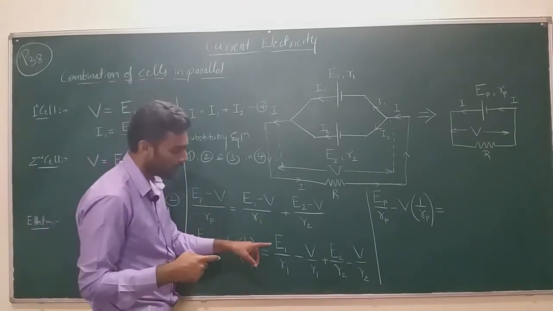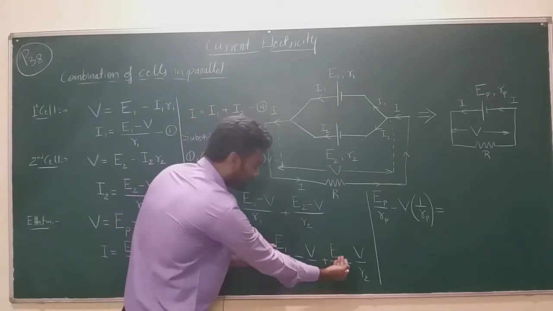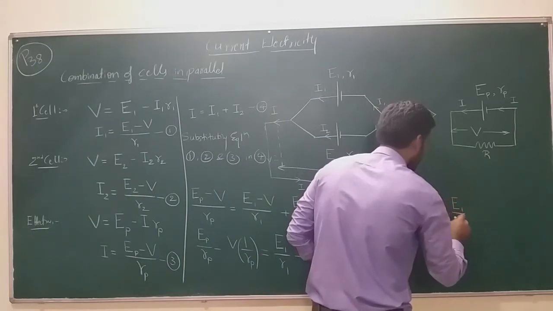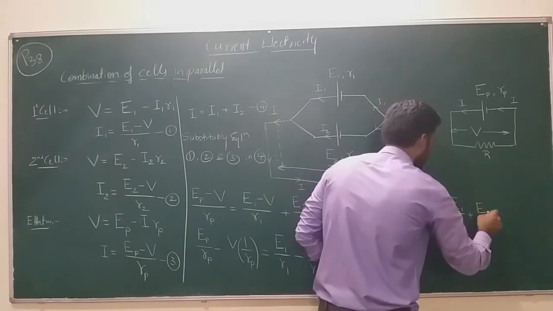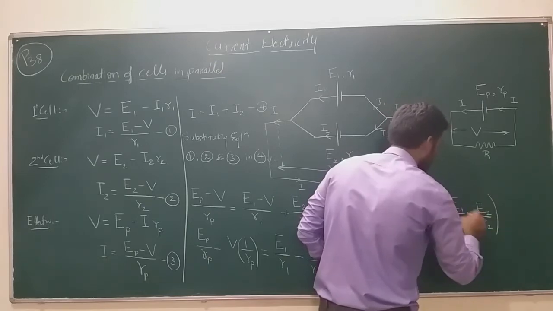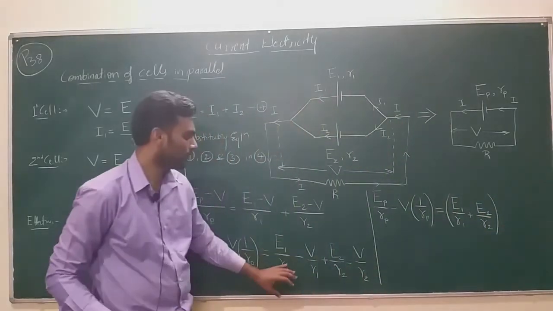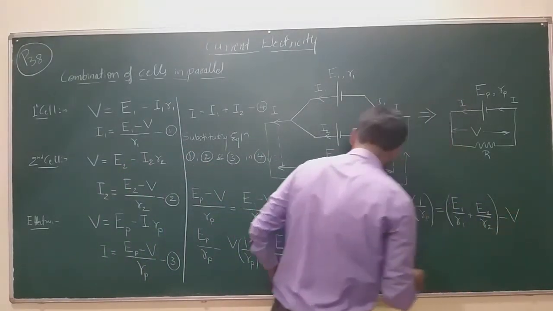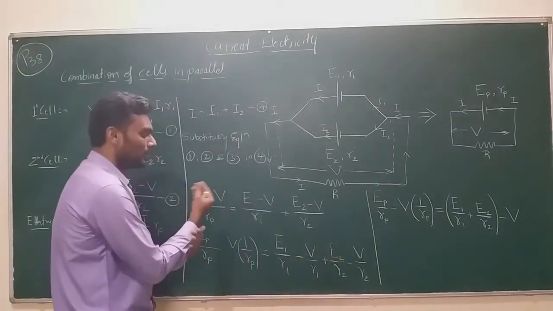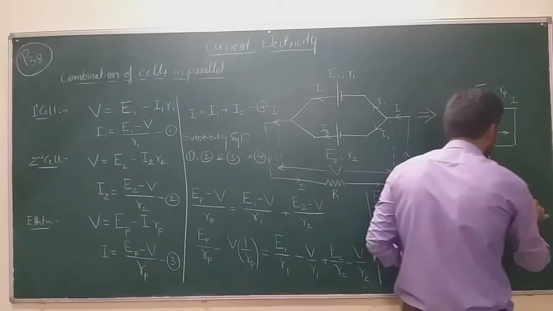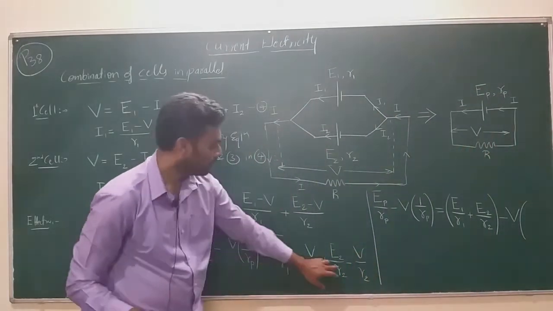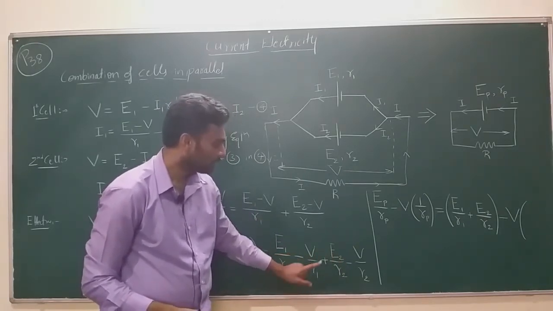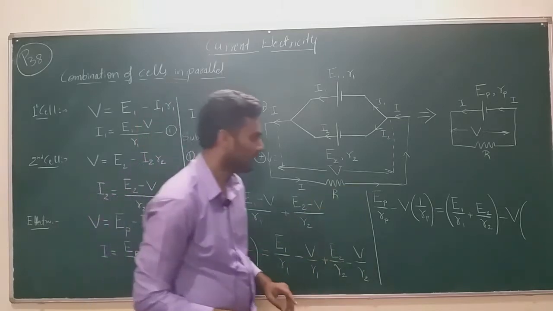Now this E1 by R1 and E2 by R2 look similar, so I will put them in the first place. So I have E1 by R1 plus E2 by R2 minus V. V is the common factor that I can take outside, and within the braces I will be left with, since I took the minus sign as a common factor along with V, 1 by R1 plus 1 by R2.